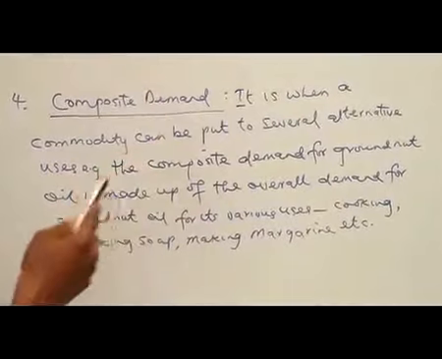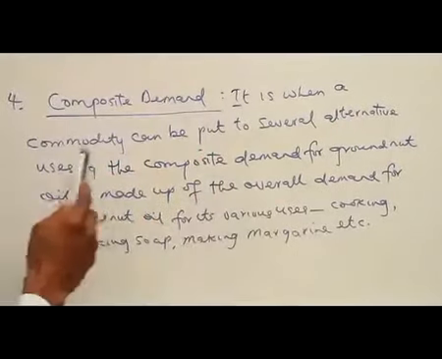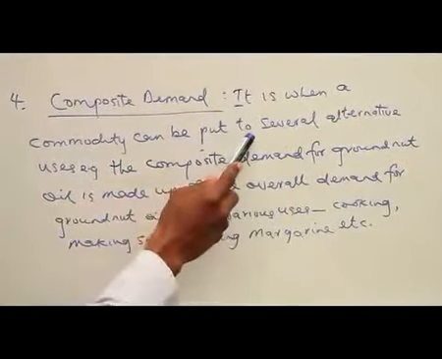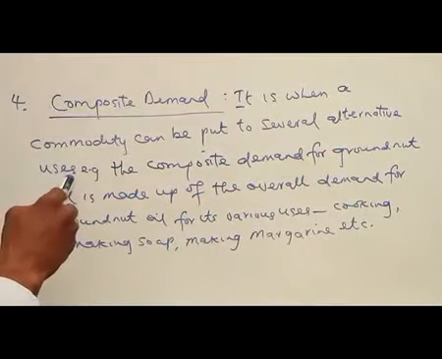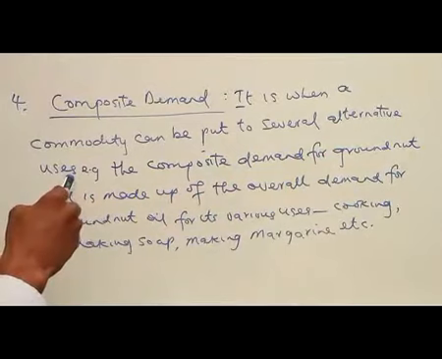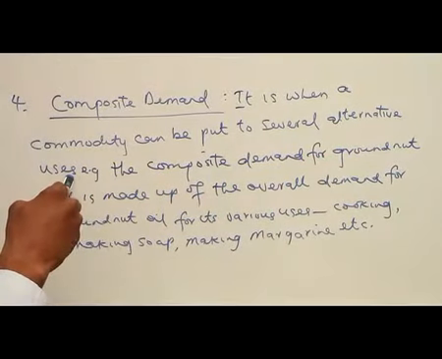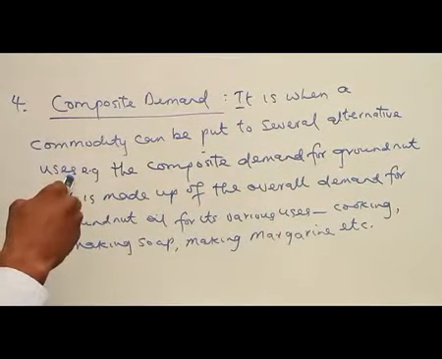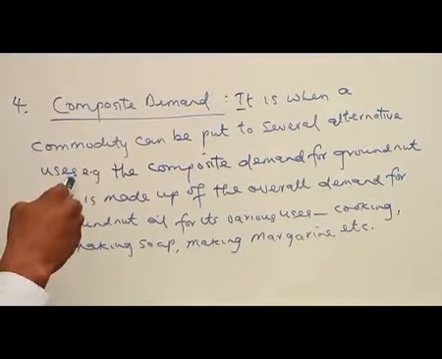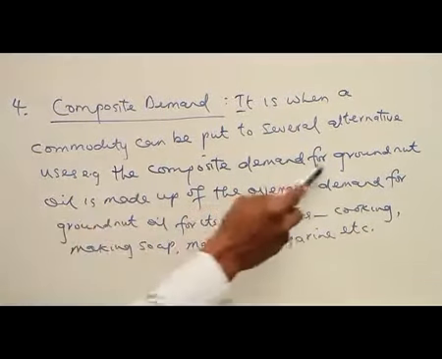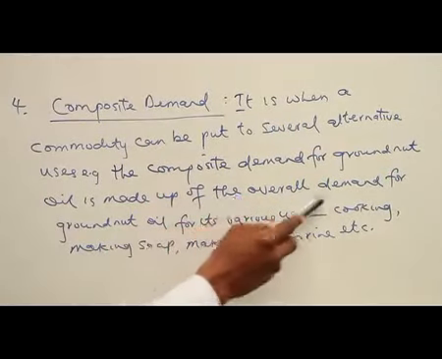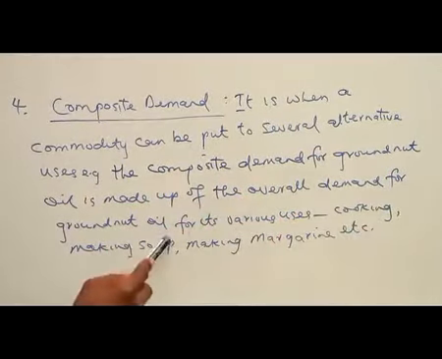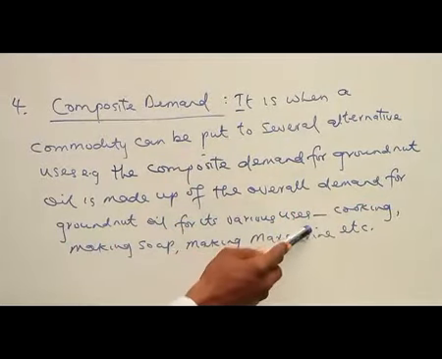Number 4, composite demand. It is when a commodity can be put to several alternative uses. That is, a commodity, if it can have several uses, it becomes composite demand. For example, the composite demand for groundnut oil is made up of the overall demand for groundnut oil for its various uses.